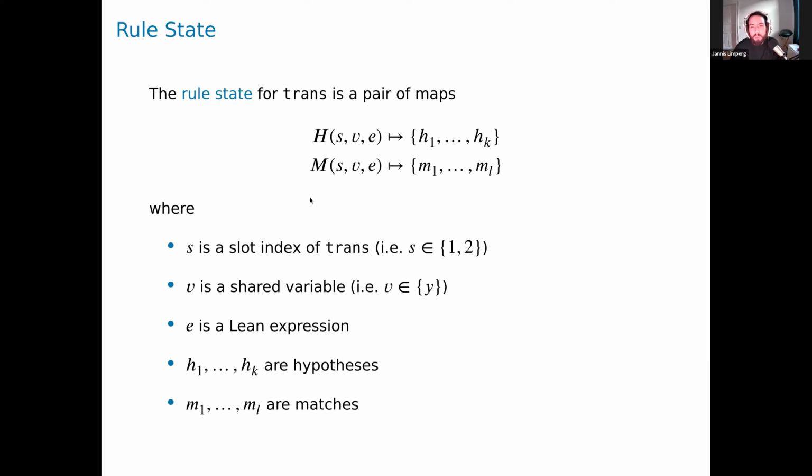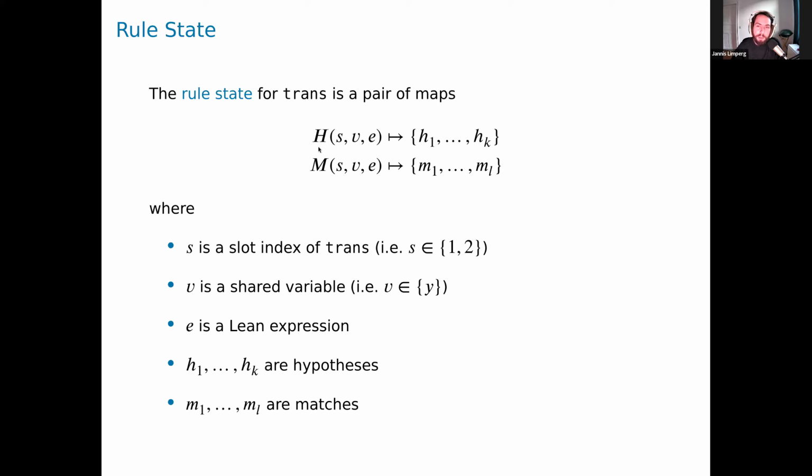Based on that, we now build a rule state, and this forward state that remembers work that was already done then contains a bunch of rule states, one for each forward rule. And each rule state contains two maps, capital H, capital M, with the same domain and slightly different codomains. So in the domain of the maps, we always have a slot index. So here it's either going to be 1 or 2. We have a shared variable, and we have a Lean expression. I'm going to explain in a moment what this actually is.